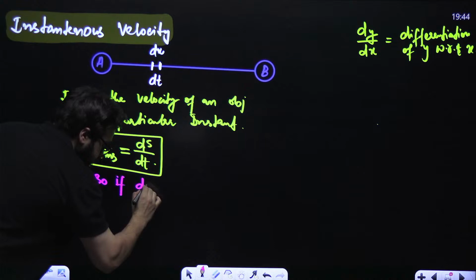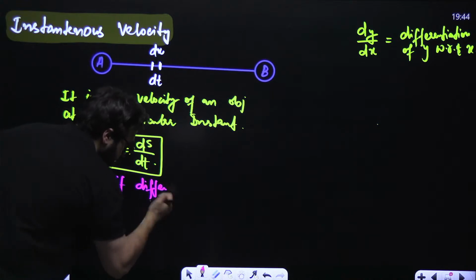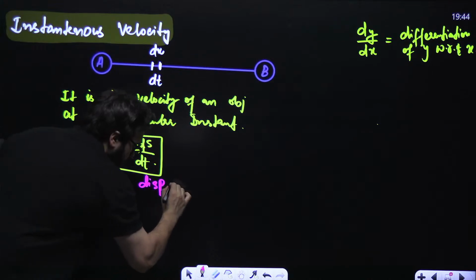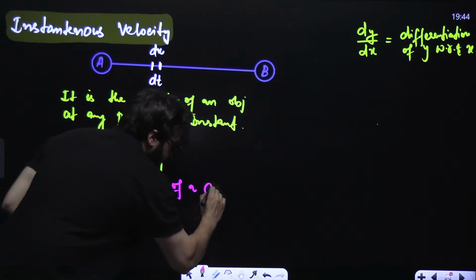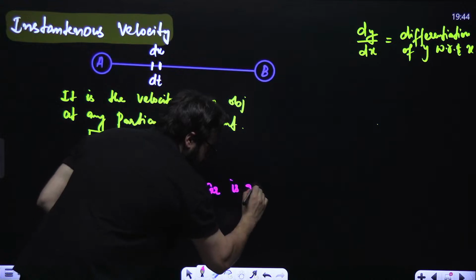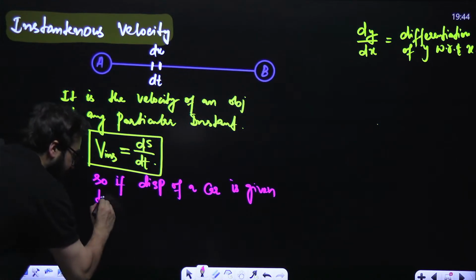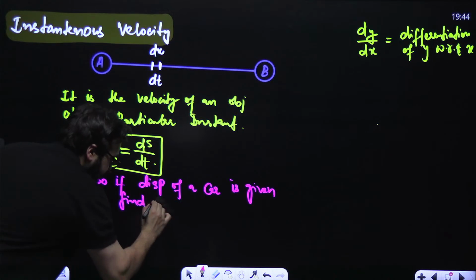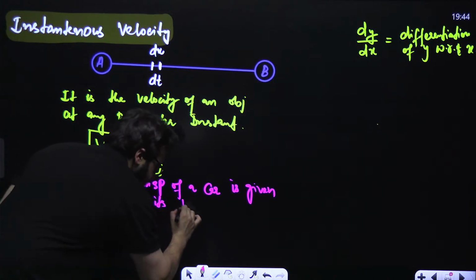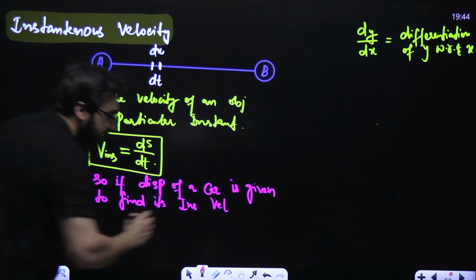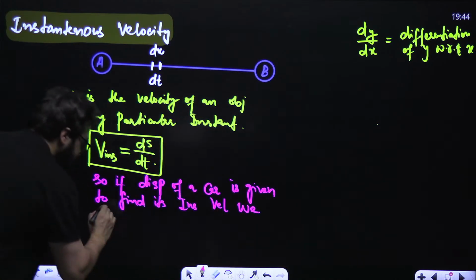So if displacement of a car is given, to find its instantaneous velocity, we differentiate.